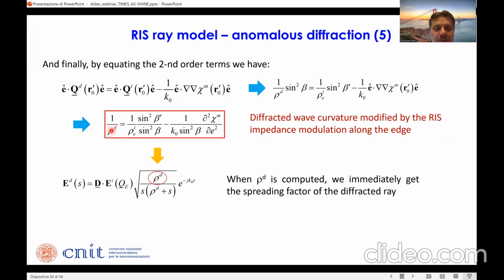So the reciprocal of the curvature radius, rho d, is equal to the reciprocal of the incidence curvature radius on the incidence plane, multiplied by this ratio, sine of beta prime squared divided by sine of beta squared, minus this term, which is related to the second order derivative of the phase profile along the edge.